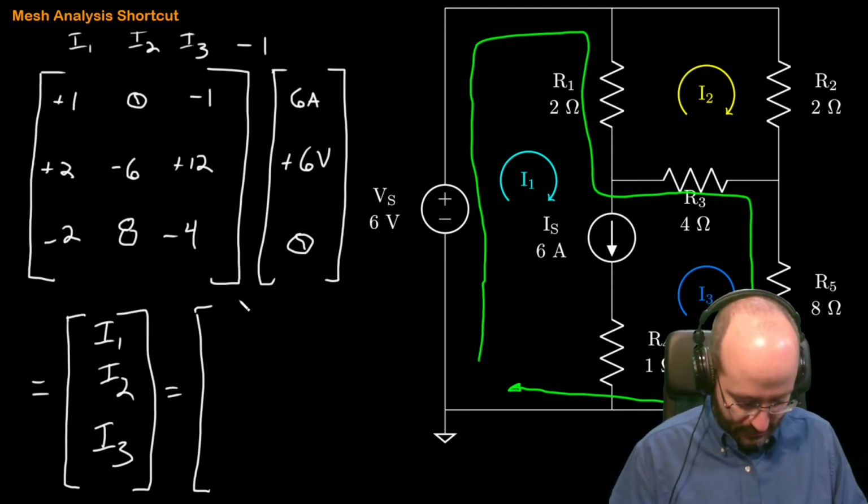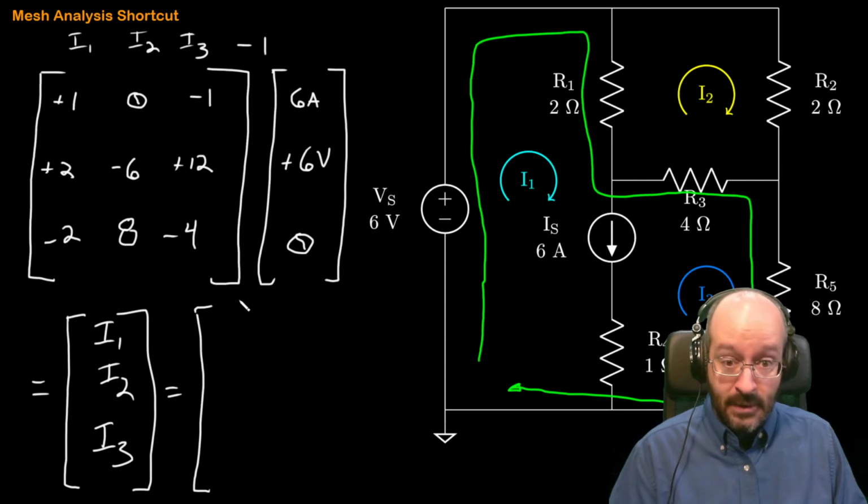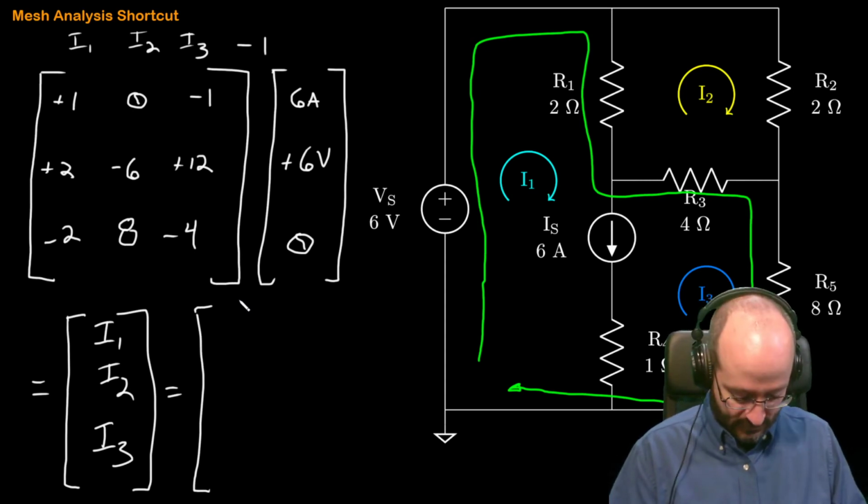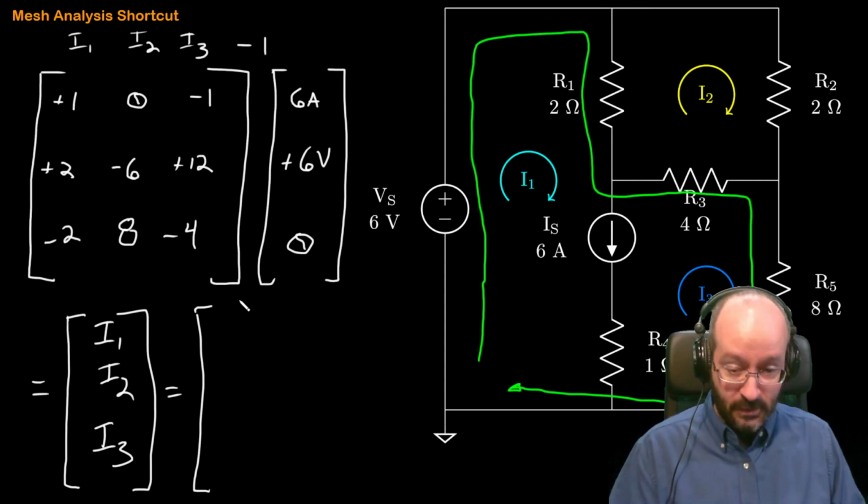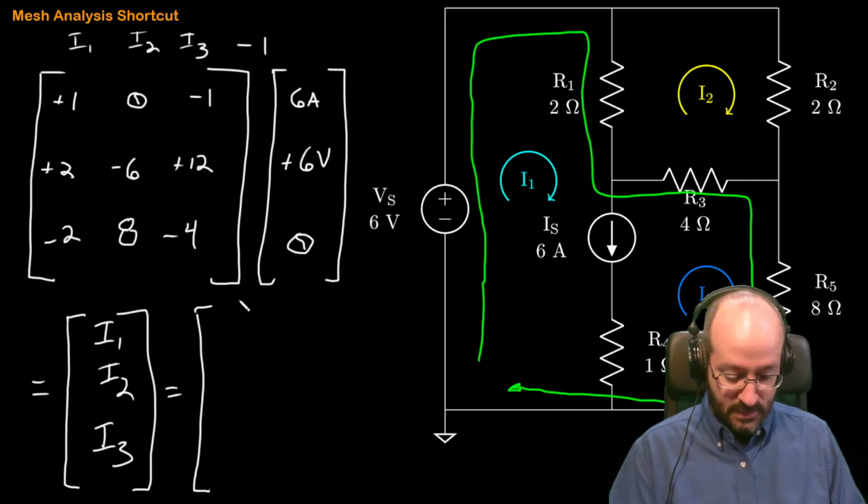Okay, so it's a 3 by 3: 1, 0, negative 1, 6, 2, negative 6, 12. Oops, I missed something. 2, negative 6, 12. Oops, 6. There we go. And negative 2, 8.